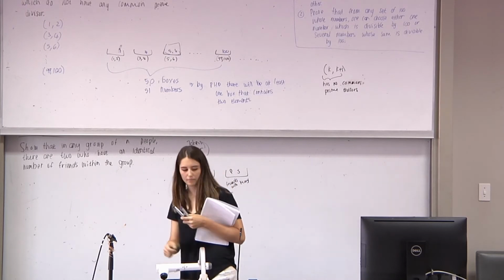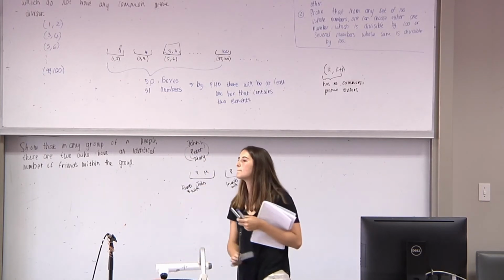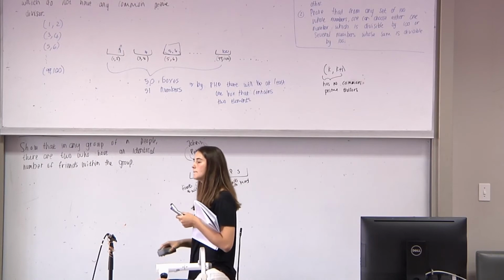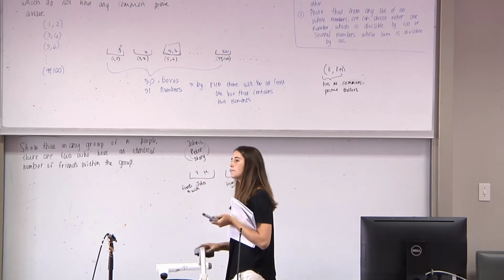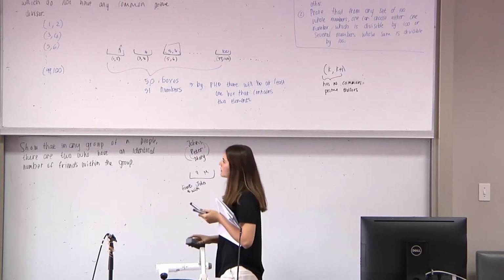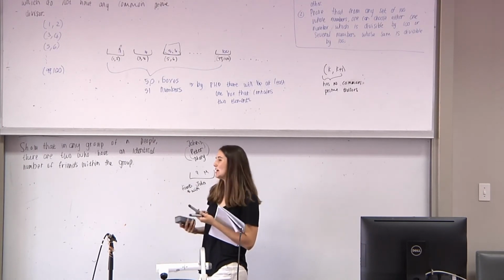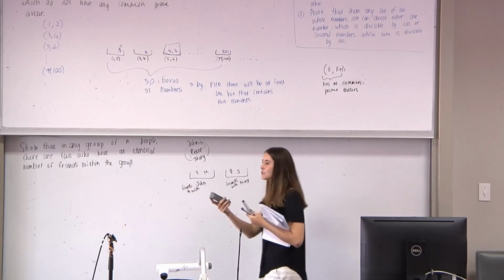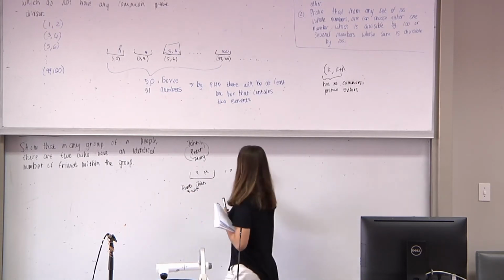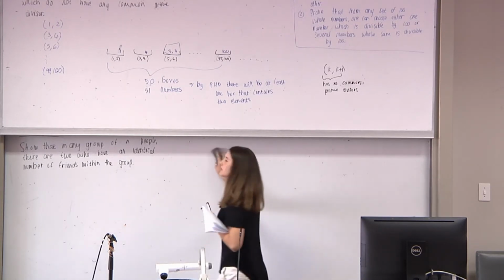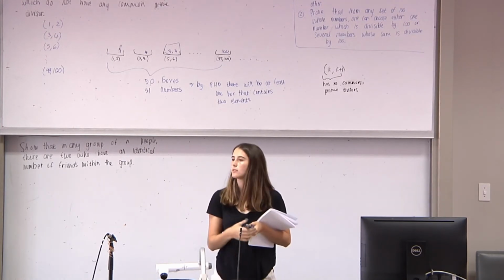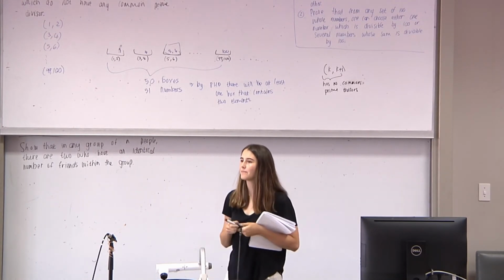Could you say for your conditionals, like people who have one friend all the way to people who have n minus one friends? Can people not have no friends? I know it's sad, yeah. Okay, exactly. So it is 1 to n, but someone can also have 0 friends. I just wanted to ask if 0 is actually a number.